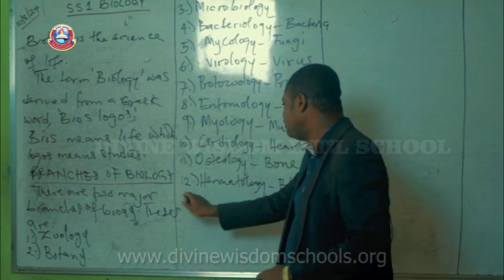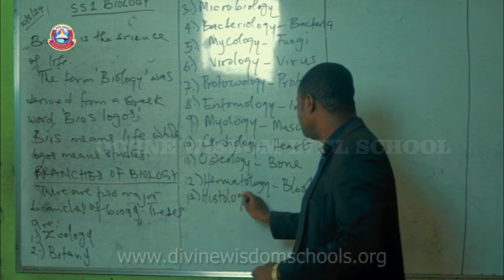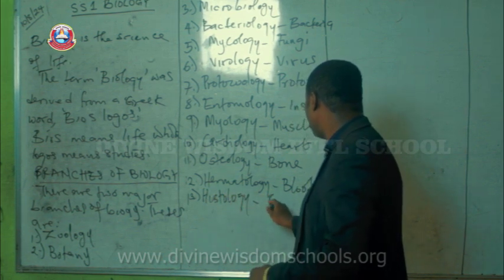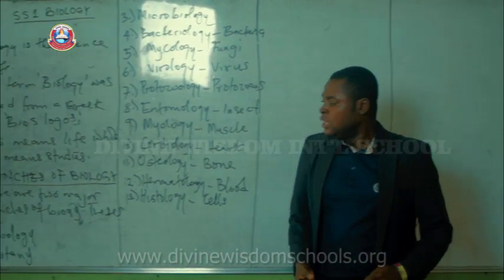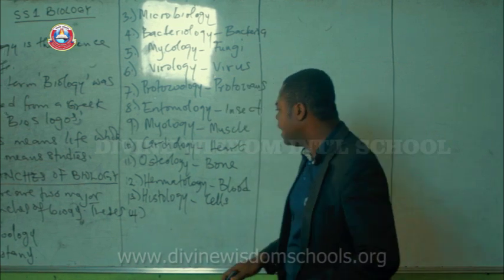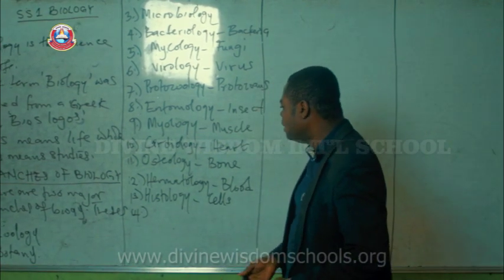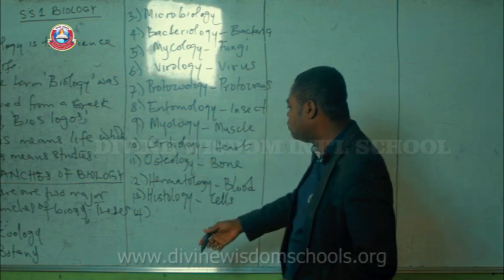You have histology, which has to do with the study of cells, and so on and so forth. Then under botany, you can begin to study bryophytes. You can study thallophytes.